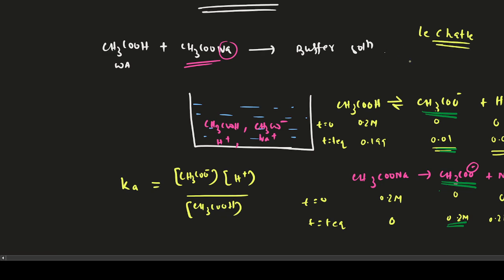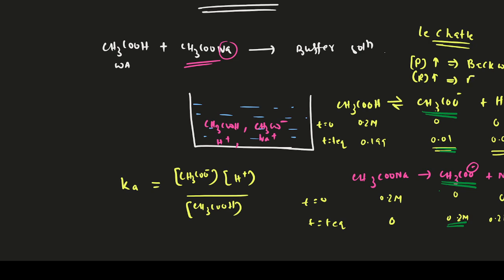It says that if the concentration of product increases, then the backward shift occurs, and if the concentration of reactants increases, then the forward shift will occur. This is Le Chatelier's principle. Okay.